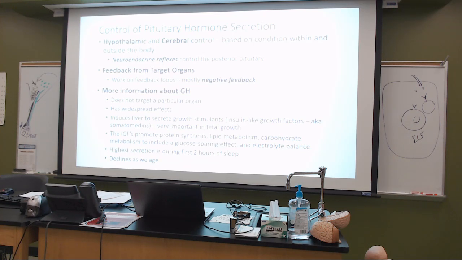Now, the glucose sparing effect refers to this: the only nutrient the brain can use is glucose. The other cells of our body can use proteins and fats to make energy.